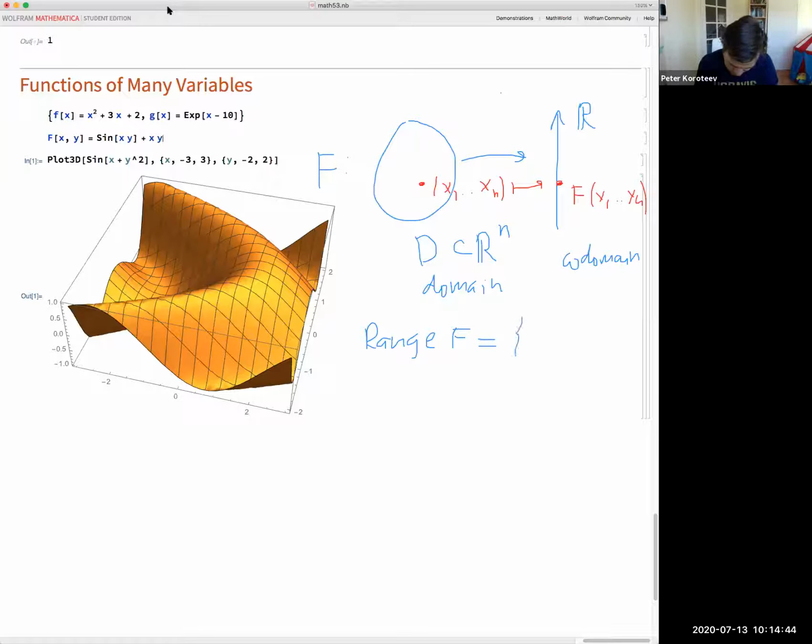So it's the set of all y inside R such that f of x1 through xn is equal to y for some x1, xn from D. So you simply look at all possible values that the function takes, that will be the range. And then we say that the function is onto if the range coincides with R.